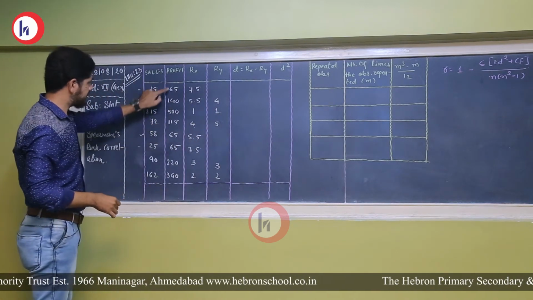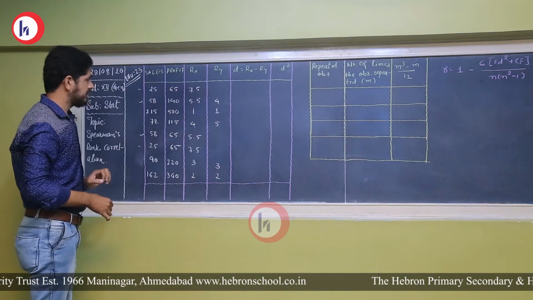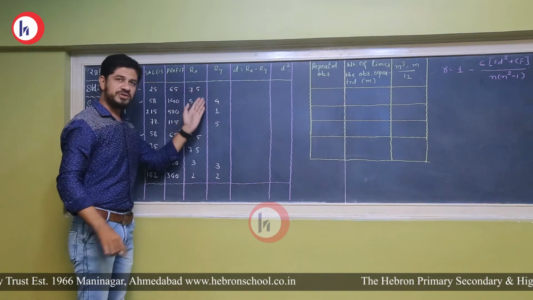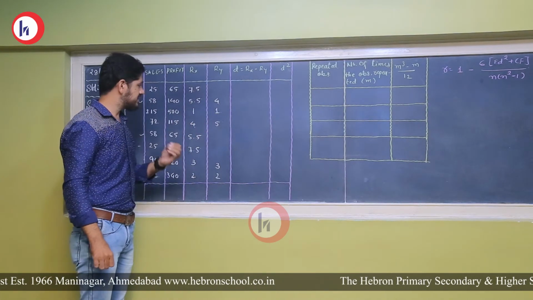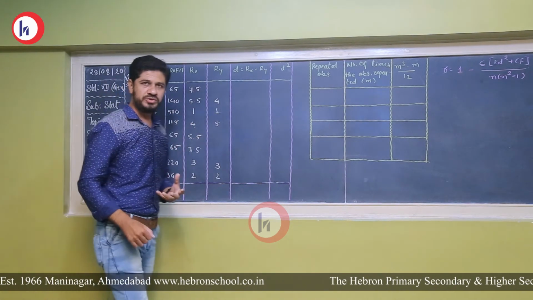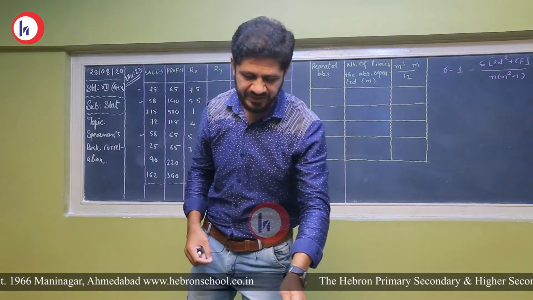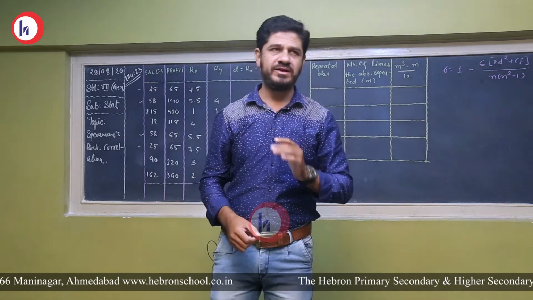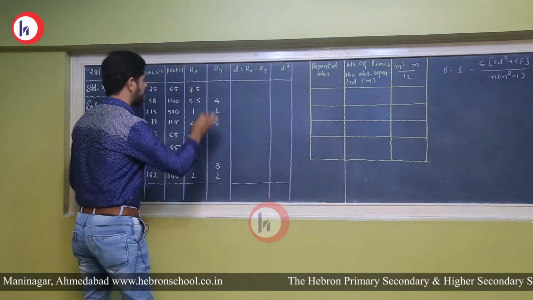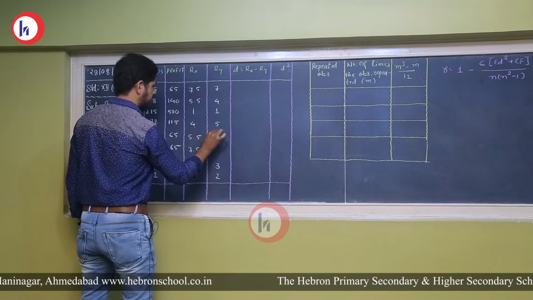Now 65 is remaining. So up to now we gave the numbers from 1 to 5. There is a tie between number 6, 7 and 8. So the average of 6, 7 and 8: 6 plus 7 plus 8 divided by 3 will get 7. So we will give equal rank to all of them.